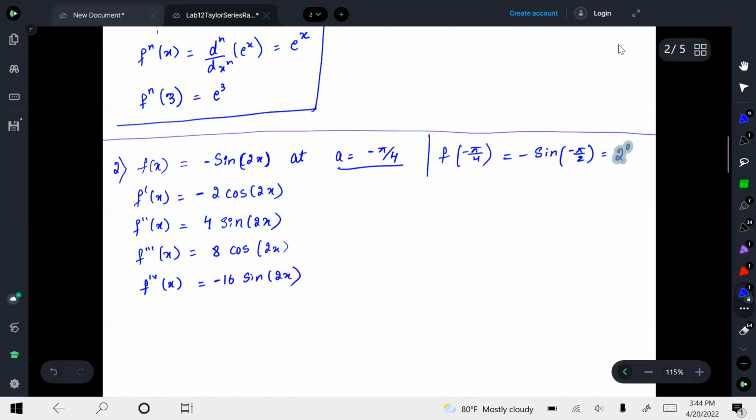That is nothing but 1. So let me write 1. Okay, now for f prime at negative pi by 4, we will get 0 because cos 90 is 0.